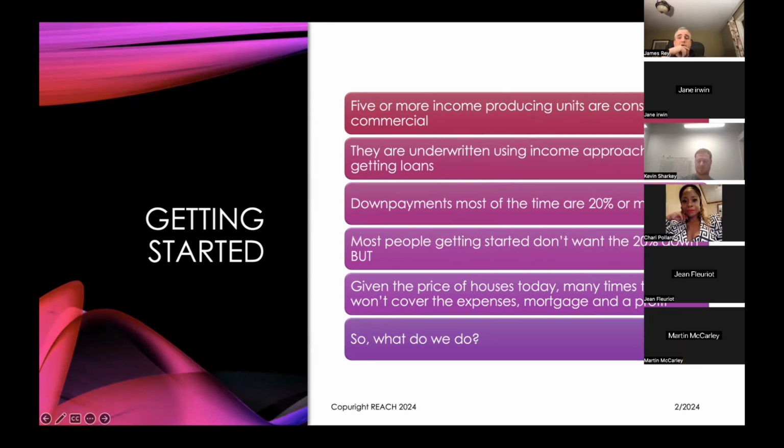And when you do something like that, as opposed to when you go and get a hard money loan or a loan for a single family, where they will basically look at you and go, okay, how much can you afford? Or as you get more and more units, they'll start looking at what the actual unit produces. But again, we use the income approach for everything.